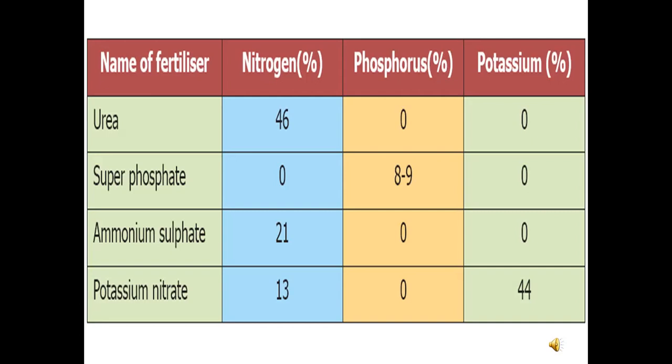Superphosphate: nitrogen 0 percent, phosphorus 8 to 9 percent only, potassium 0 percent. Ammonium sulfate: 21 percent nitrogen, 0 percent phosphorus and potassium. Potassium nitrate: nitrogen 13 percent only, phosphorus 0 percent, and potassium 44 percent only.